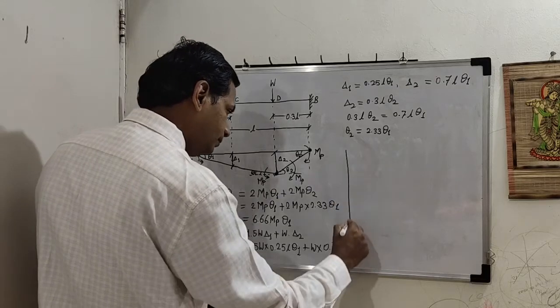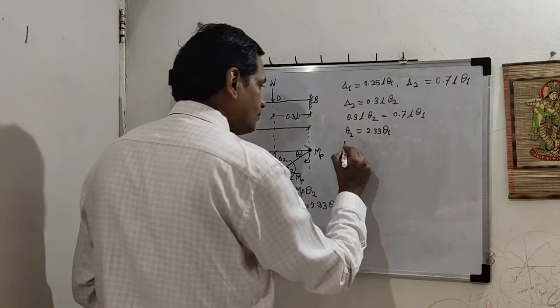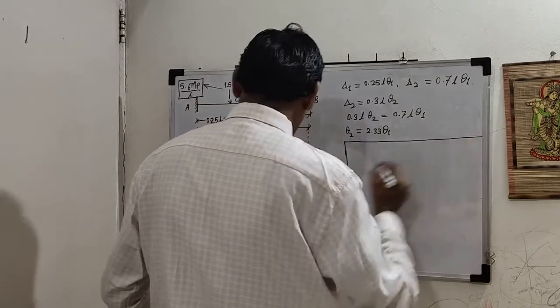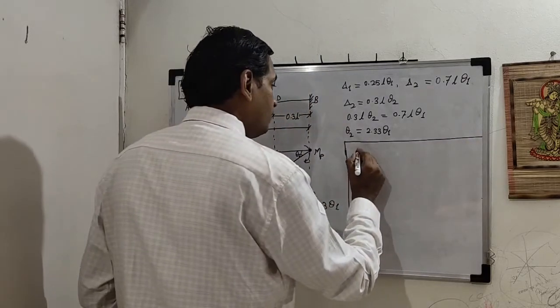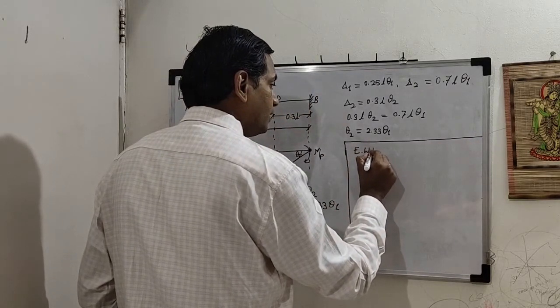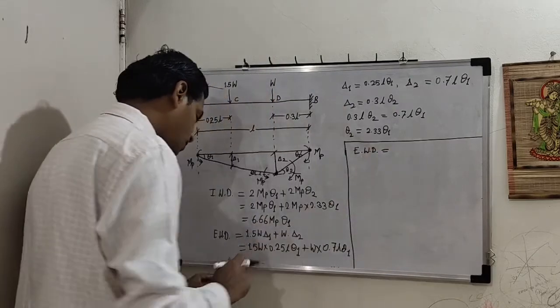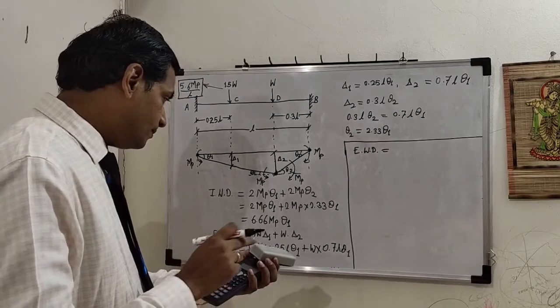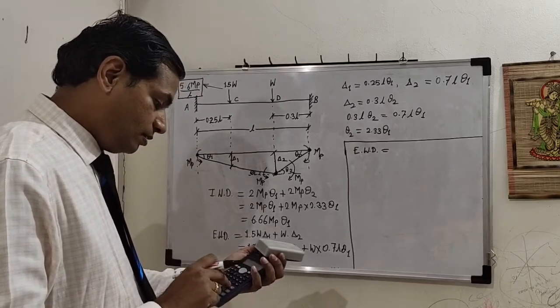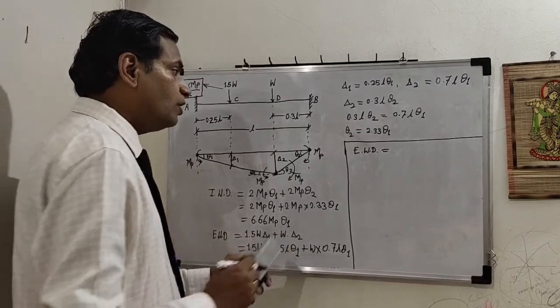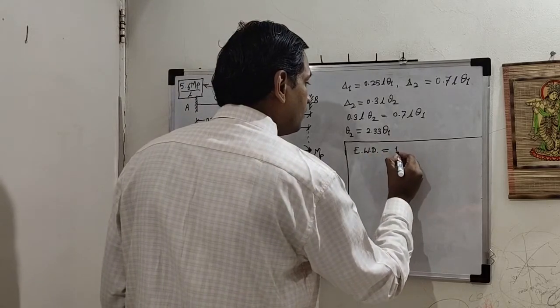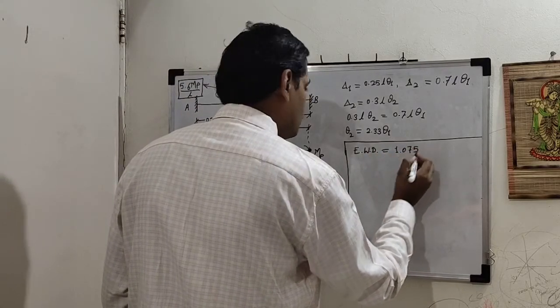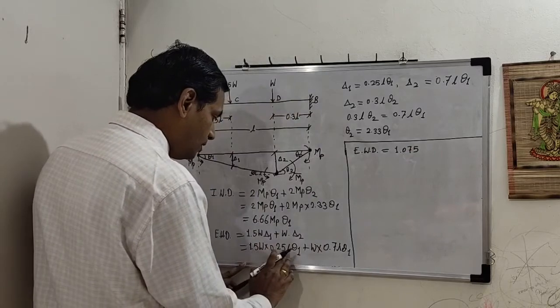Okay. So we will simplify external work done first. External work done is equal to 1.5 into 0.25 plus 0.7. So it is 1.075 WL theta 1.